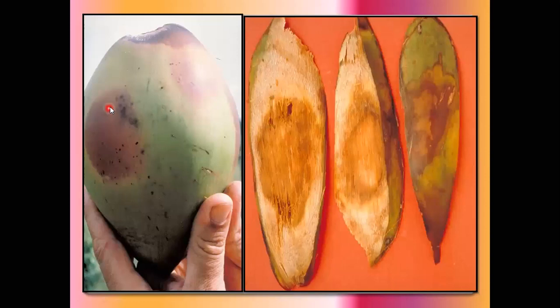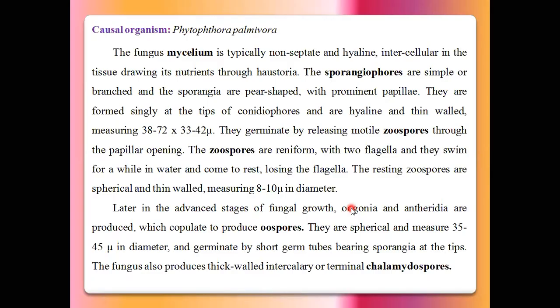This is the infection seen inside or outside of the nut portion produced from infected coconut palms. This type of infection is generally produced by Phytophthora palmivora.